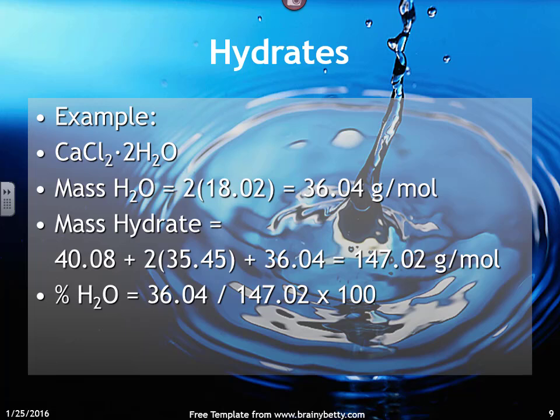To find the percent water, you divide the mass of the water by the mass of the compound, times 100. Check your sig figs. How many should we keep? 4. And you end up with 24.51%.